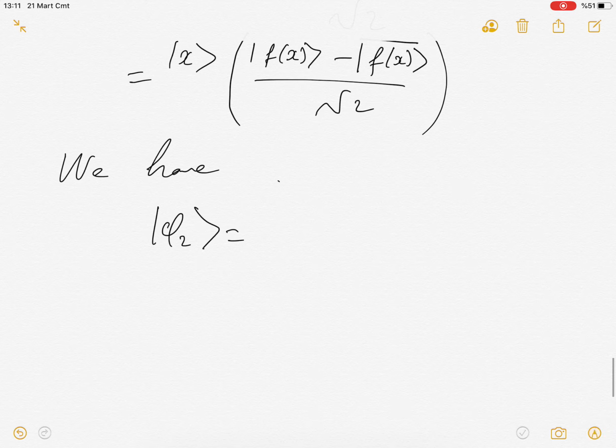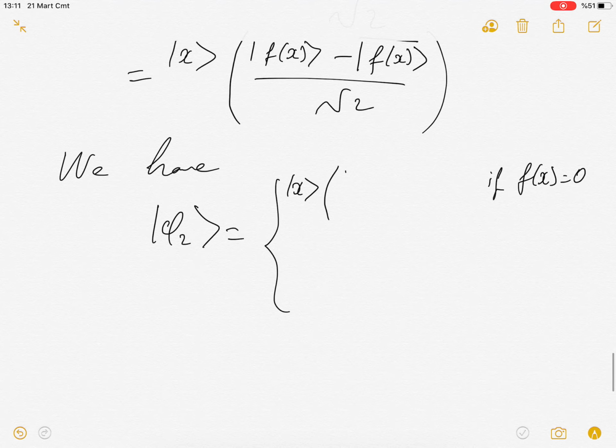So let's draw an array. If f of x is equal to 0, then phi 2 will be equal to the ket x tensor (0 minus 1) over square root of 2.